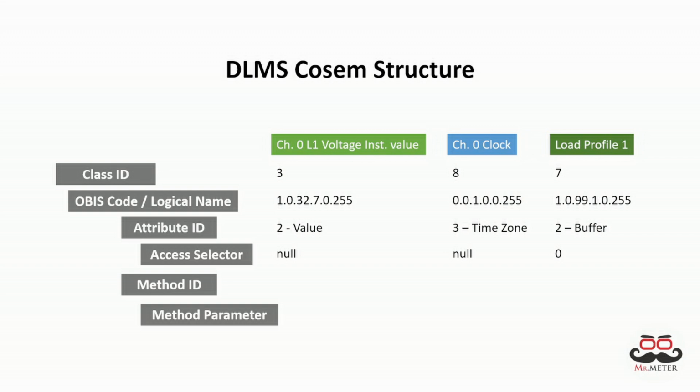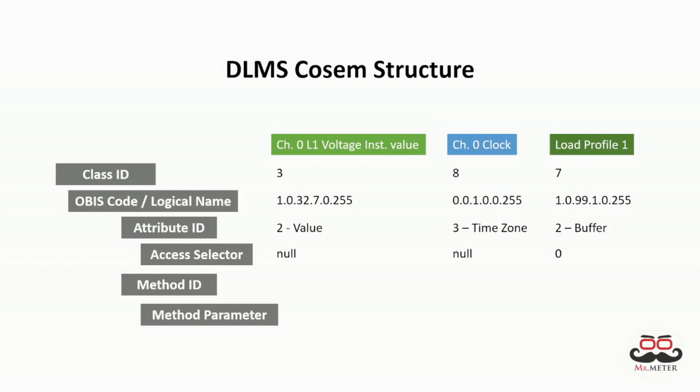For example, in a clock, it can be the time and date, or in a load profile it can be the buffer, and it can vary from object to object. Most of the objects in one class ID abide by the same rule, but this isn't always the same, so do not take this as a strict rule.